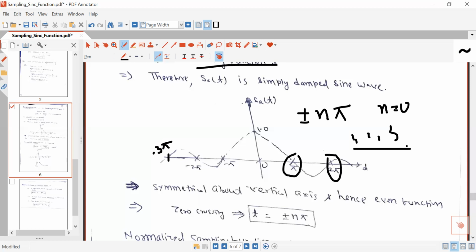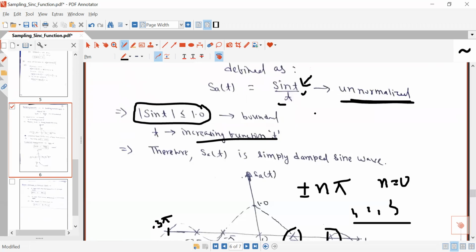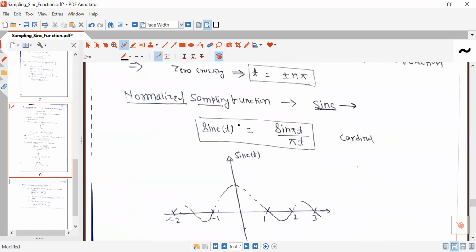You normalize the sampling function by writing sin pi t by pi t. This is a normalized function. And when you normalize the function, the sampling function is termed the sinc function. Here C represents cardinal. You can say sine cardinal function.